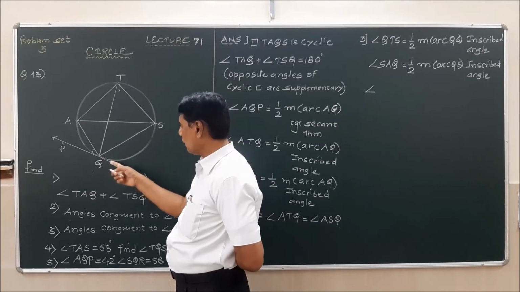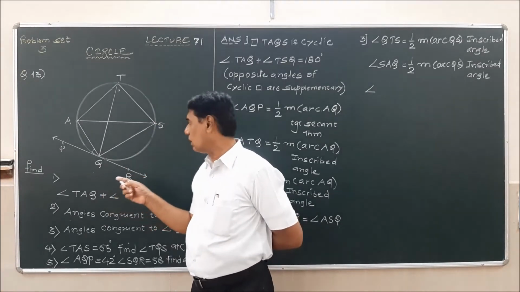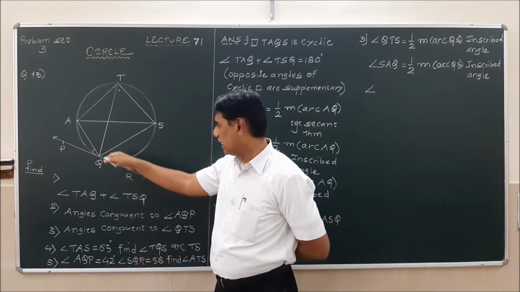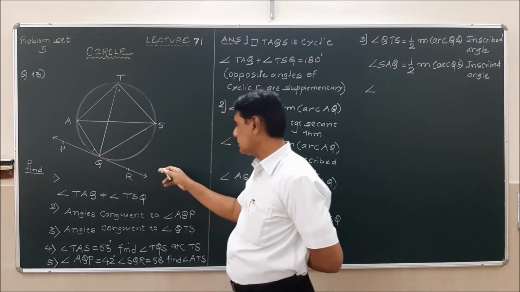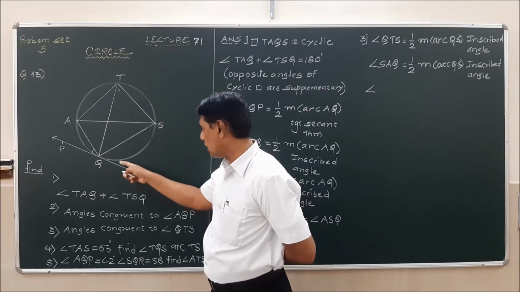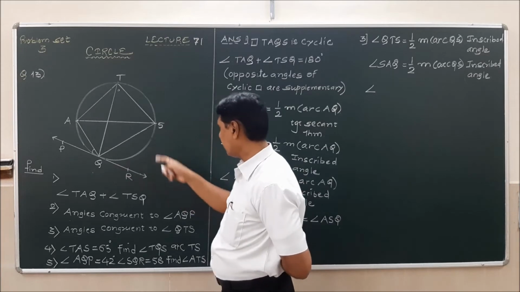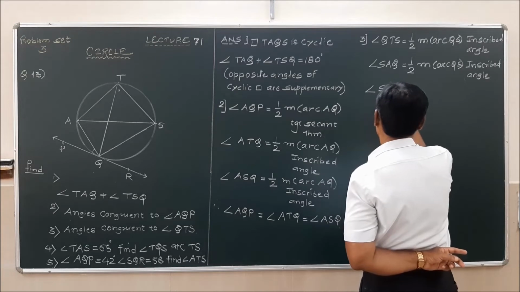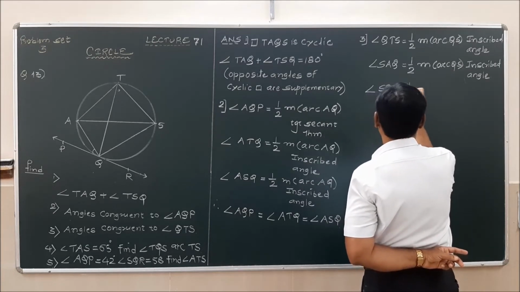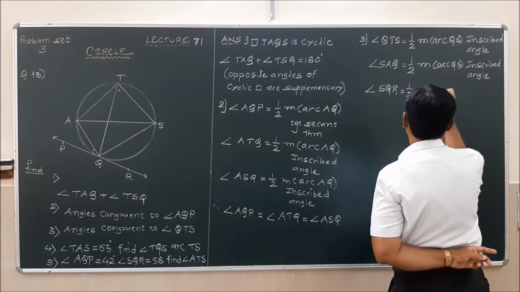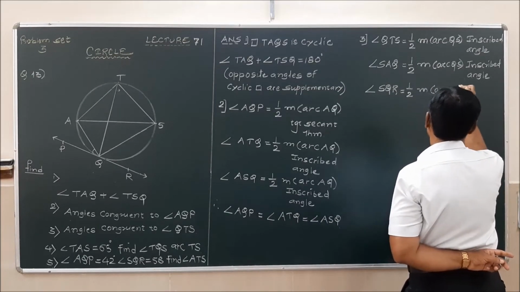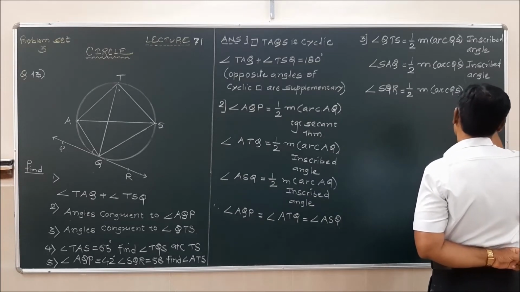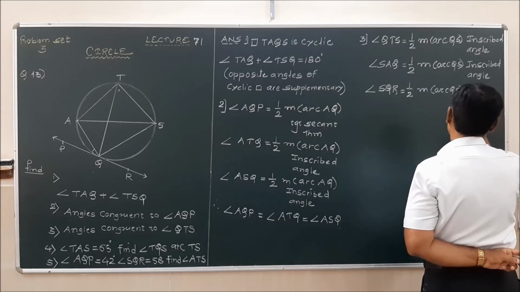Angle SQR. You will notice SQ is secant and QR is tangent. So by tangent secant angle theorem, angle SQR is equal to half arc SQ. So angle SQR is equal to half measure arc QS. Tangent secant angle theorem.